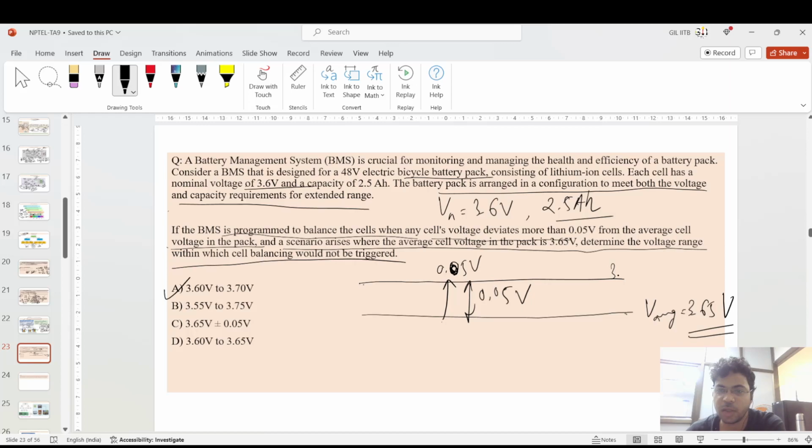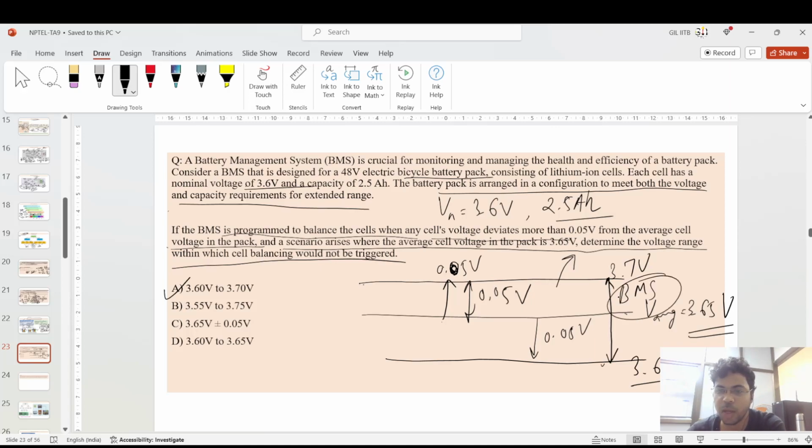So there is a gap of 0.05 volt. Above 3.65 volt, up to 3.7 volt, it will not trigger, and after that it can trigger. It can go to the lower value also. With 0.05, it can go to the 3.6 volt level also.